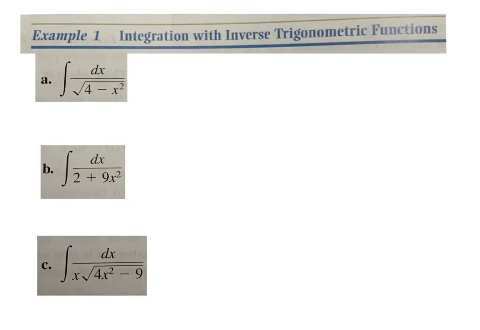So these are 3 examples of some more simple ones. If we look at the first one, you could think of this as the square root of 2 squared minus x squared. And you can see that you have an arcsine situation.